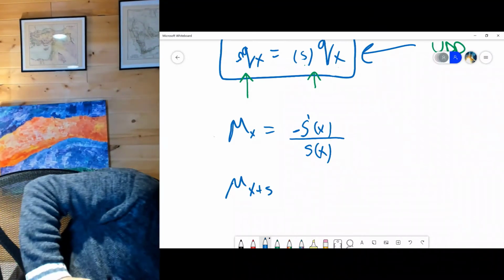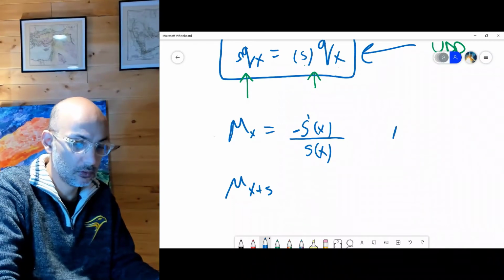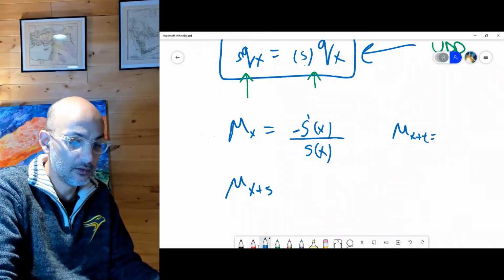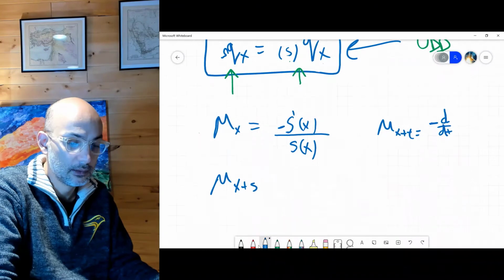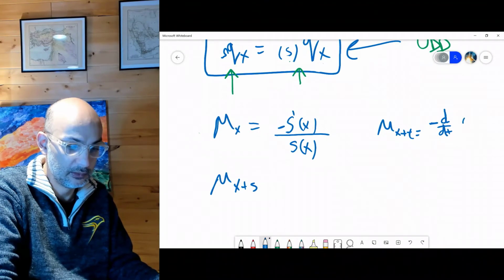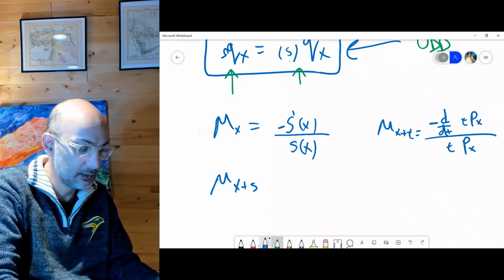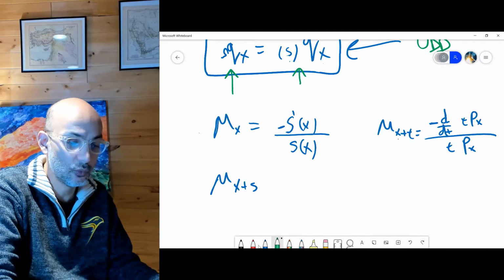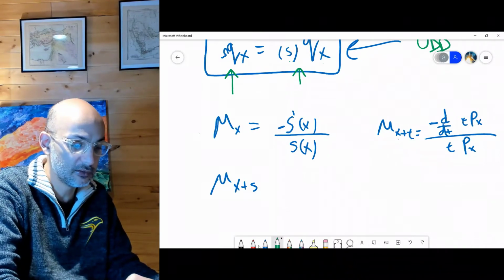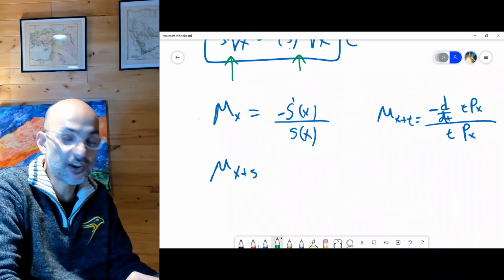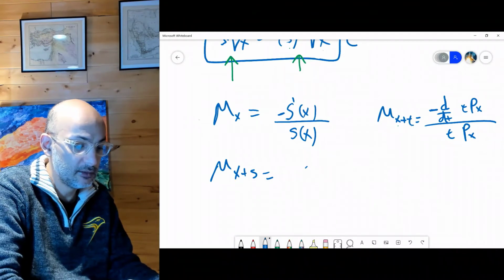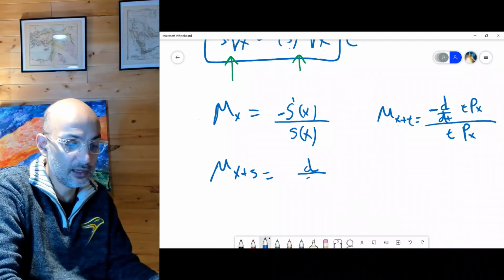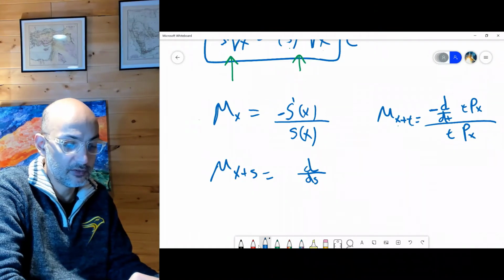If you remember, we looked at mu x plus t, which is minus d dt of t p x divided by t p x. Here t is 1 year, 2 years, and so on. But with s we use the same logic, using a fraction of the year. So we apply the same rule, but instead of dt we use ds, because we have s here, not t.